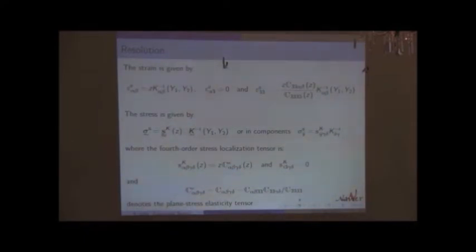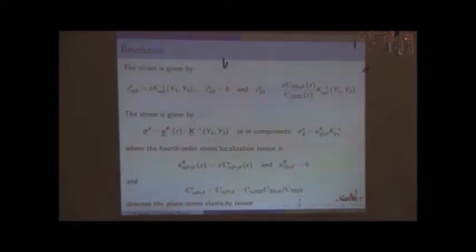So now that you know explicitly the strain, you can compute the stress. We know already that the stress is in plane. You multiply with the 3D stiffness tensor, and you realize that you can express the in-plane stress as z times the plane stress stiffness tensor.